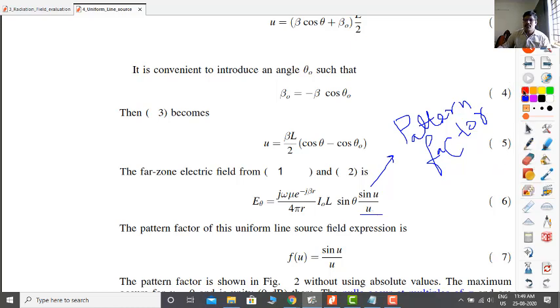And another trigonometric function, sin theta. The sin theta is called the element factor actually.